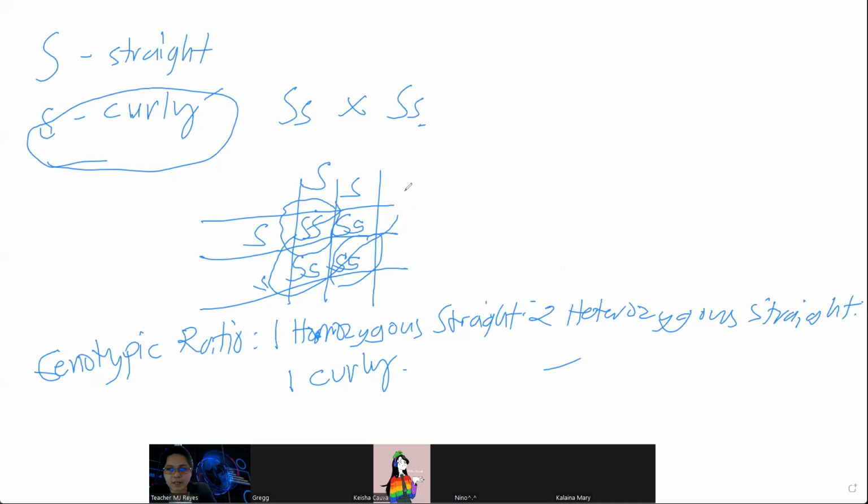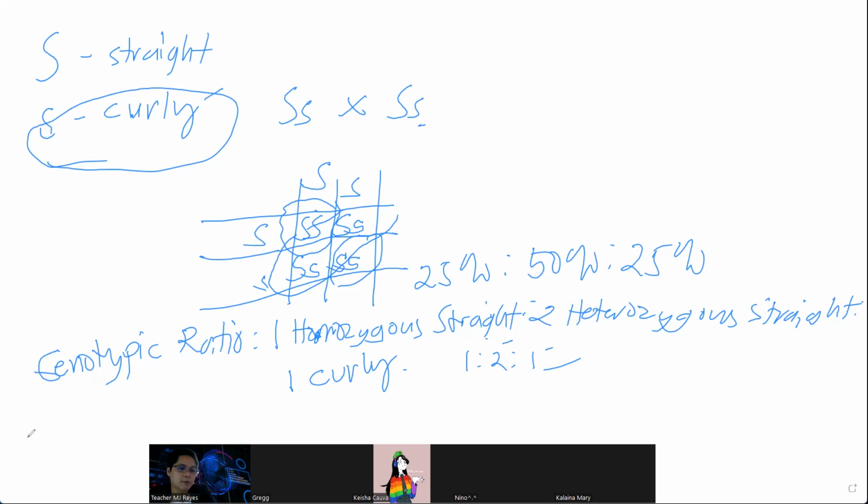So we can put it this way: 25% homozygous straight to 50% heterozygous straight to 25% curly. So it is 25 to 50 to 25, or 1 to 2 to 1. One homozygous trait to two heterozygous trait to one curly. That's the genotypic ratio.